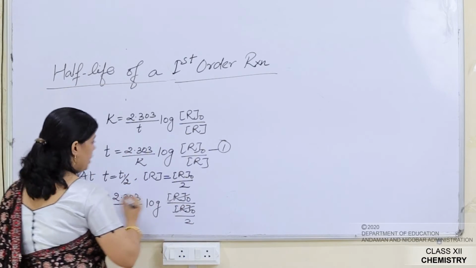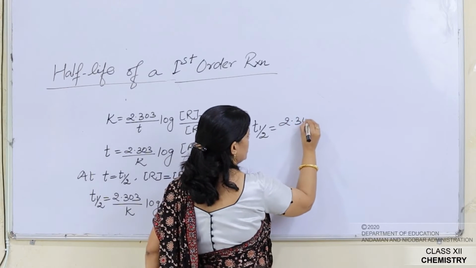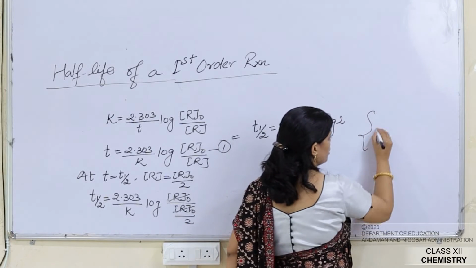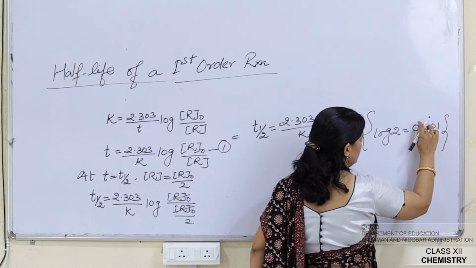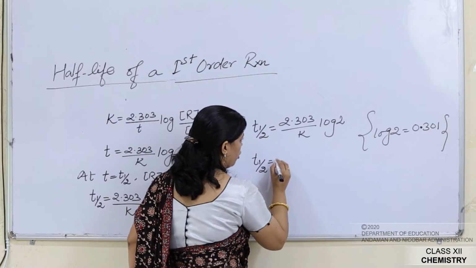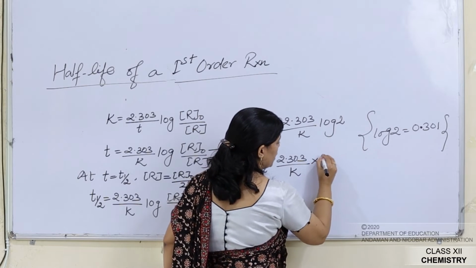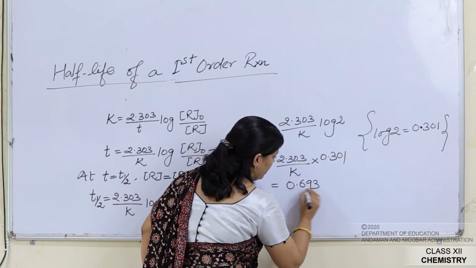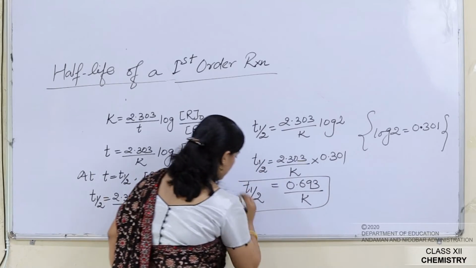This is cancelled out and we get T half is equal to 2.303 by K log 2, and the value of log 2 is equal to 0.301. Substituting the value of log 2, that is 2.303 by K into 0.301, after solving we got 0.693 by K.